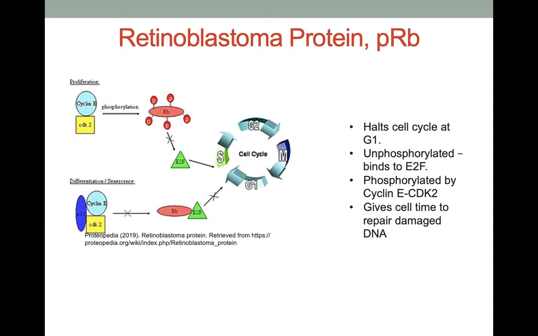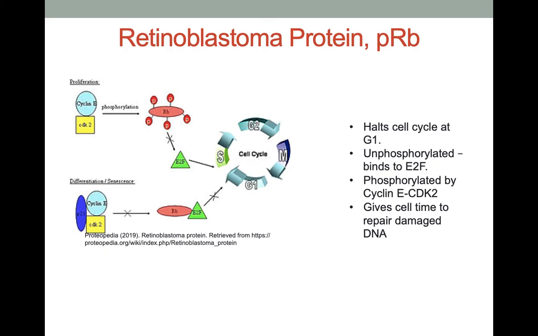The next protein discussed is the retinoblastoma protein, or pRB. In this case, obviously named for retinoblastoma, it was discovered first in retinoblastoma tumors. And what it's going to do is halt the cell cycle in the G1 phase.